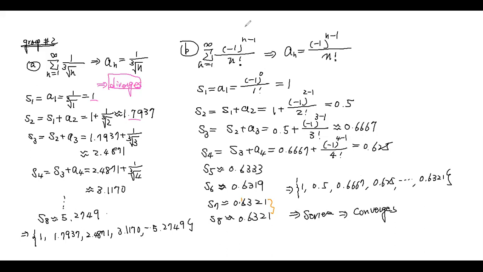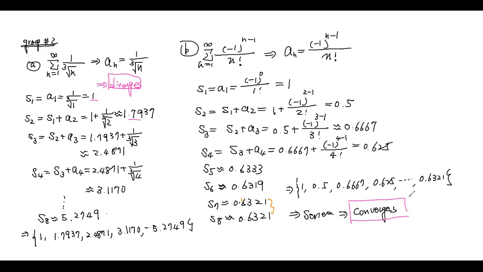Of course, right now we are just looking from the partial sum point of view. Later we're going to show several different methods to mathematically show whether this is a convergent series or a divergent series.